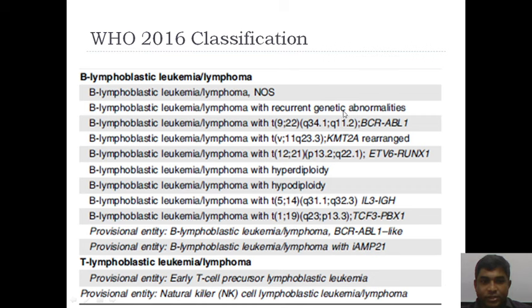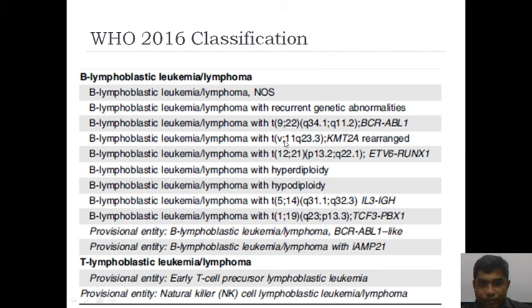Those with recurrent genetic abnormalities include B-ALL with translocation 9;22 or BCR-ABL1 fusion. As you all remember, this similar type of chromosomal abnormality is also seen in CML, or chronic myeloid leukemia.